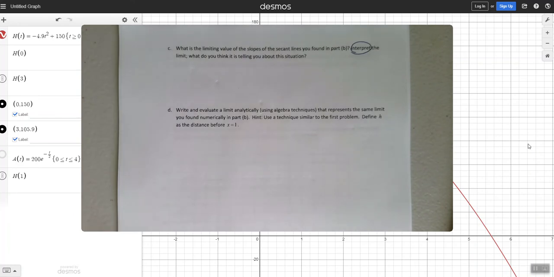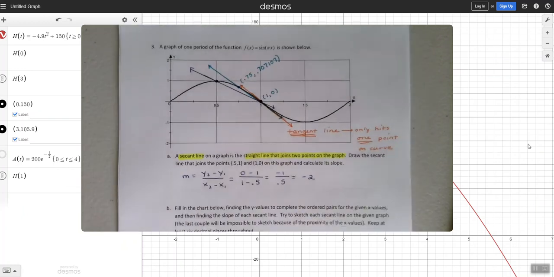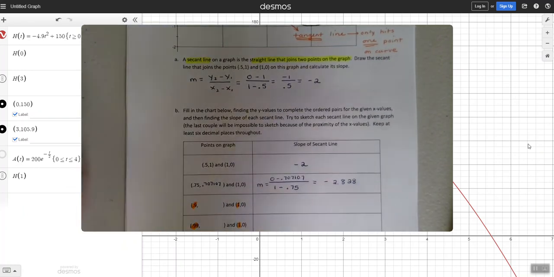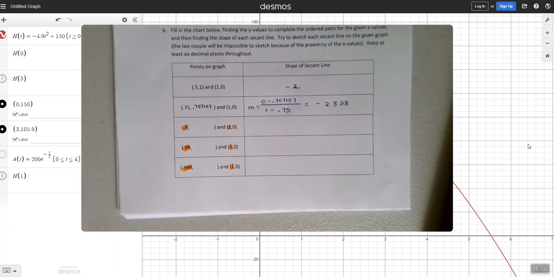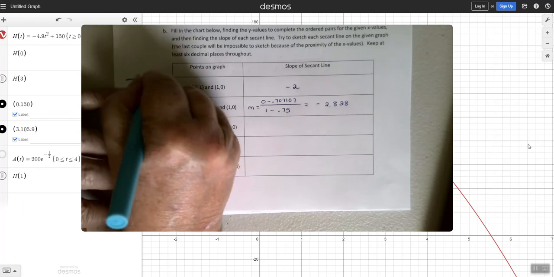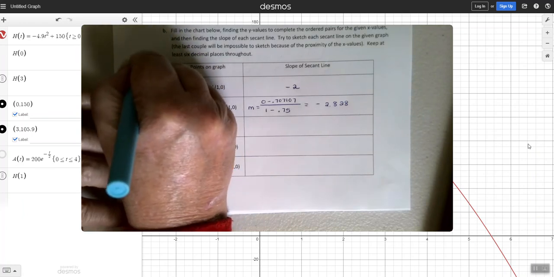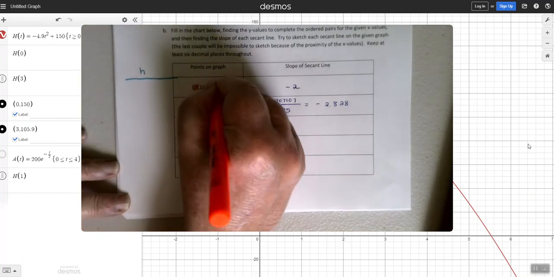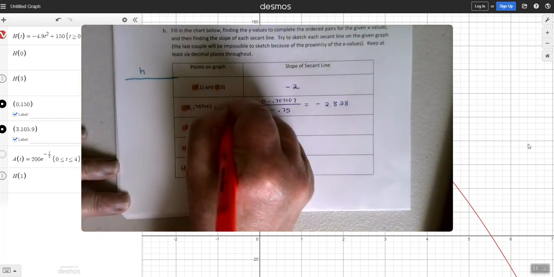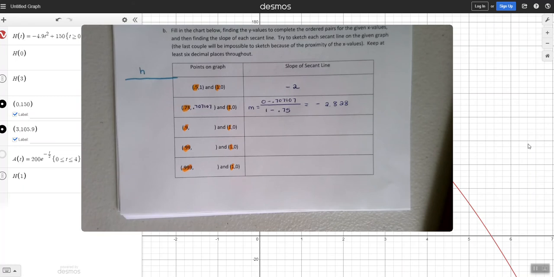We're going to say, well, just like on the first problem, we probably want to define an h. So I'm actually going to do that right on here. I'm going to say h is really just the distance between those x values. Just like last time it was the difference between times, the inputs.